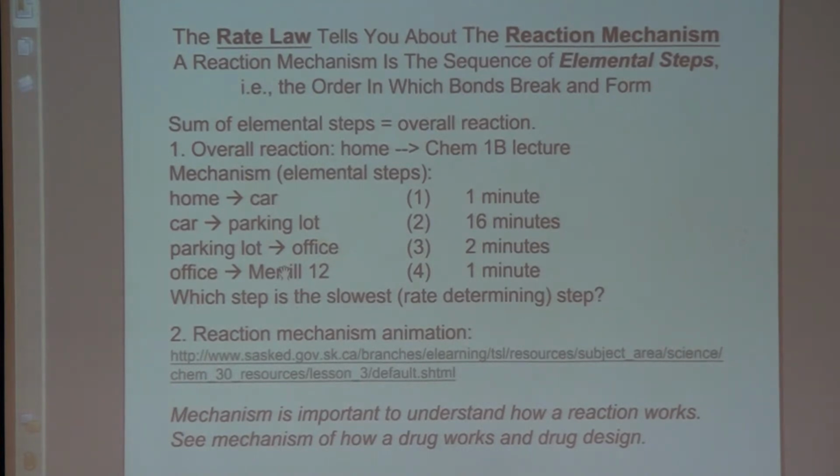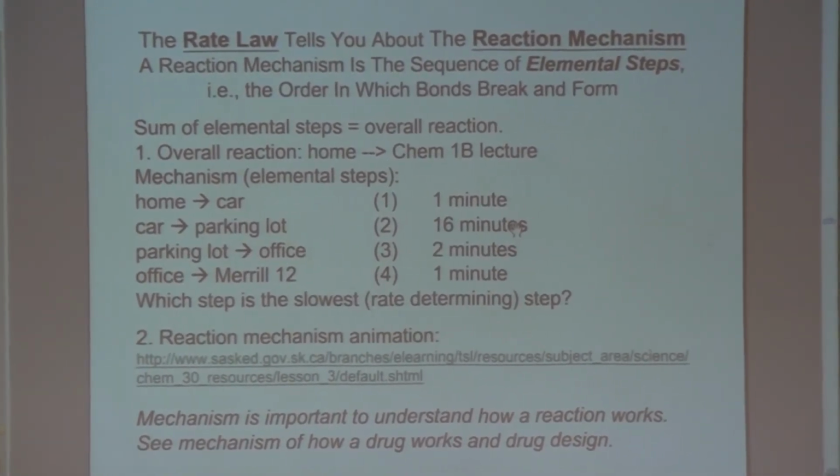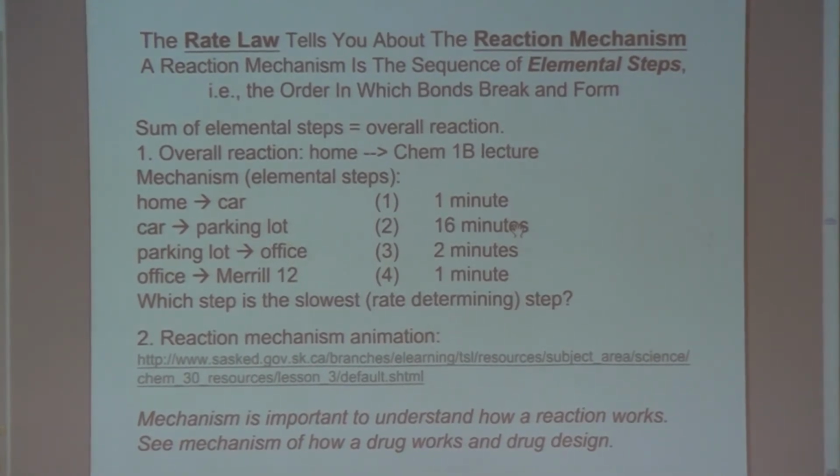Is step 3? How about step 4? Yes, you're right. Note that this one takes the longest amount of time, so this is the slowest step. In the rate law, the order of the reaction with respect to each reactant tells us about the slowest, or rate determining, step in that reaction. Again, the rate law refers to the rate determining step.